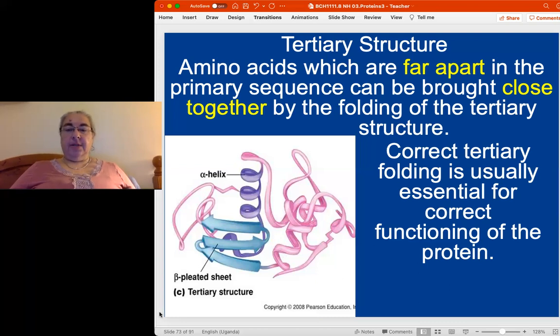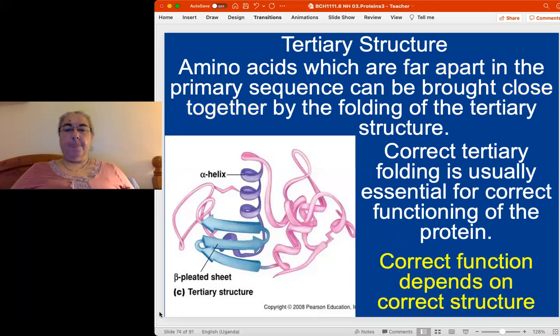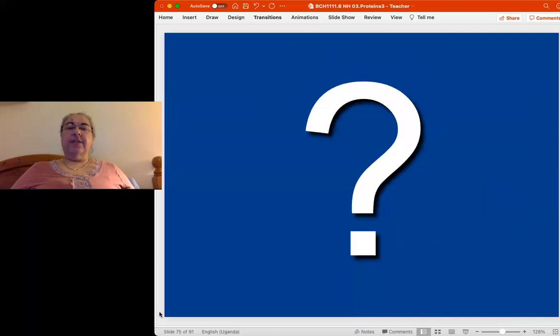Okay, so correct tertiary structure, usually extremely important, essential for correct functioning of the protein. Correct function depends on correct structure. Okay, so that's tertiary structure.